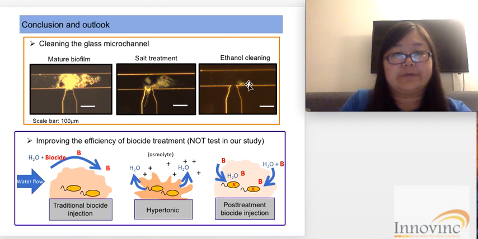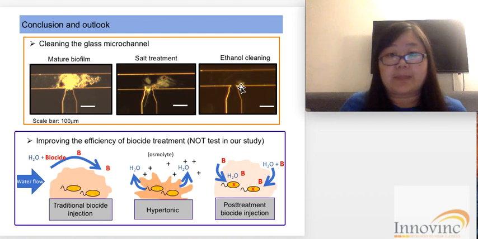Only really tiny biomasses are left in the microchannel, which are very easily removed by increasing the injection rate from the microsystems. So we found a new method to clean the glass microchannels for reusing the chip for repeat experiments, without using a high injection rate and harsh chemicals that damage the microchip.